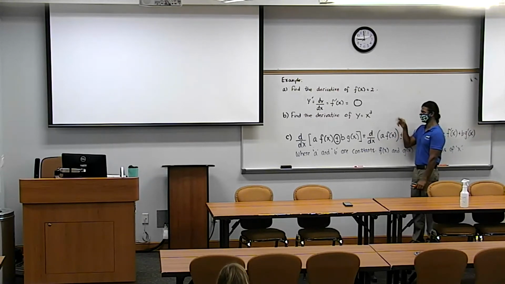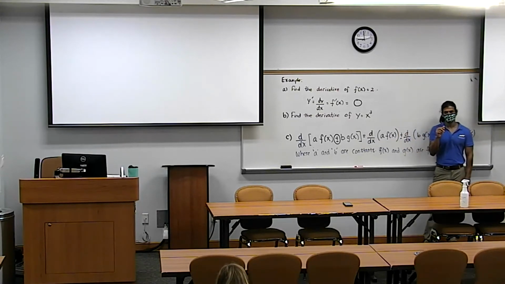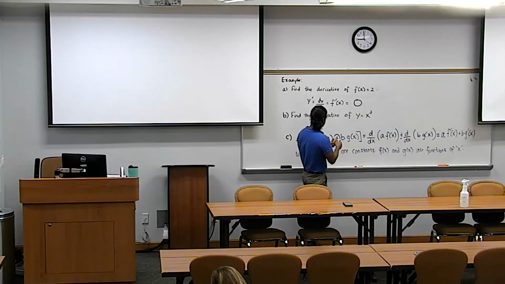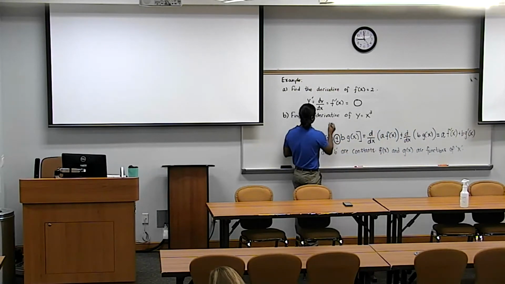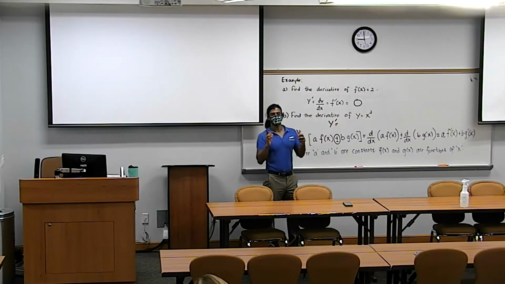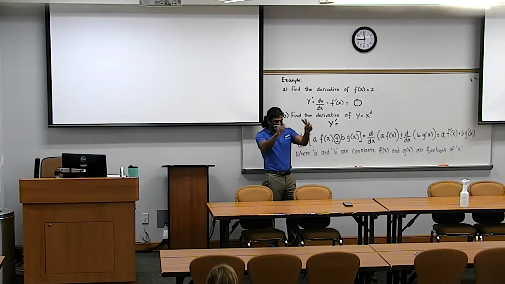What is n in this problem? 3. So n is 3, and what does the rule state? You pull what to the front?